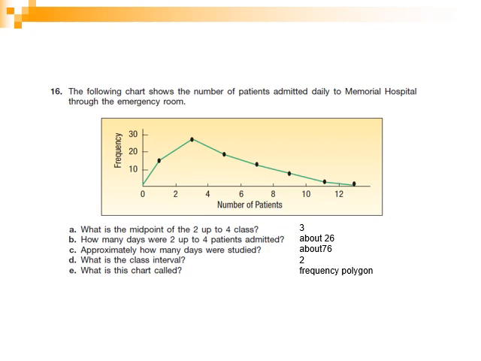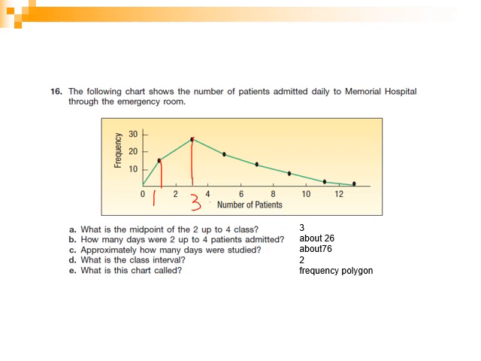What is the midpoint of the 2 up to 4 class? We have the classes here, but you don't have the midpoints. So the midpoint between 0 and 2 is 0 plus 2 divided by 2, which is 2 divided by 2 equal to 1. So the midpoint here equals 1. And the midpoint here, 2 plus 4 divided by 2, is equal to 3.